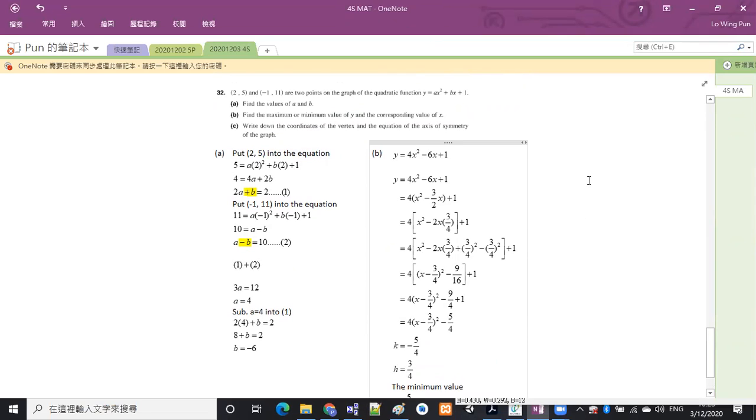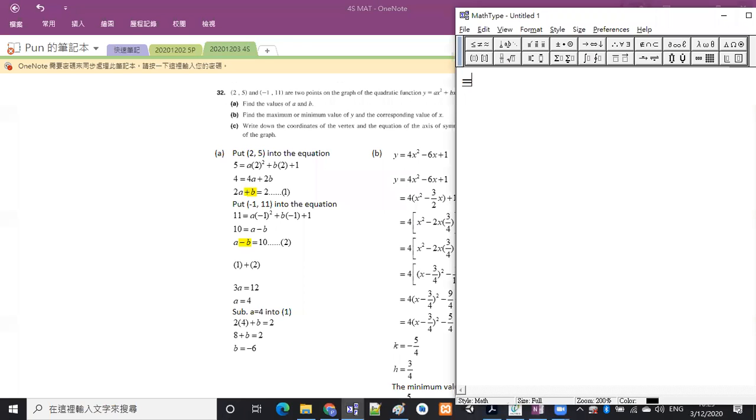And then part C: write down the coordinates of the vertex and the equation of the axis of symmetry. That's very easy because we already have all the necessary information on our hands. Once you have h and k, whatever they ask you can be built back from h and k. So the vertex will be (h, k), that is 3 over 4 and negative 5 over 4.